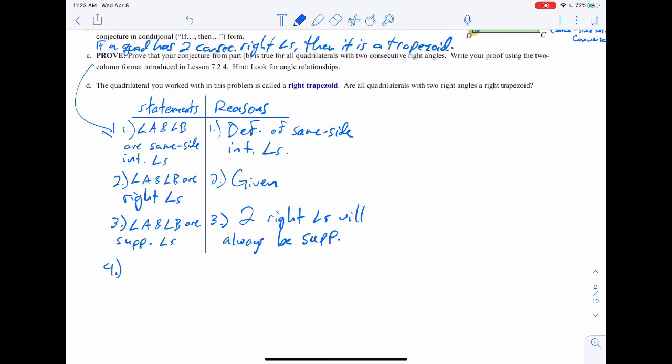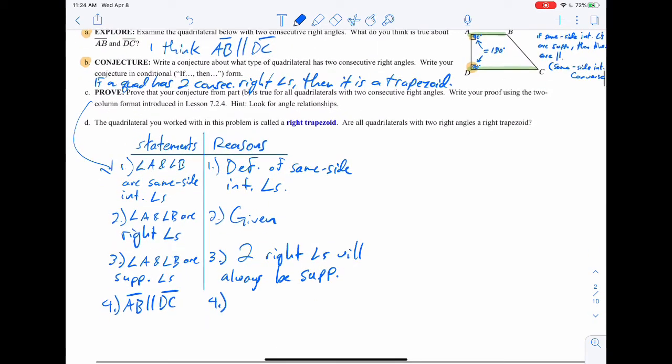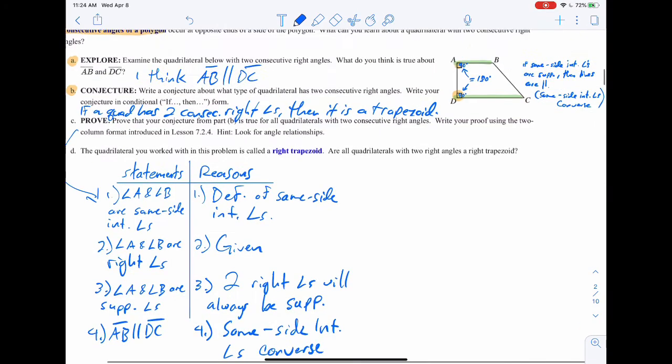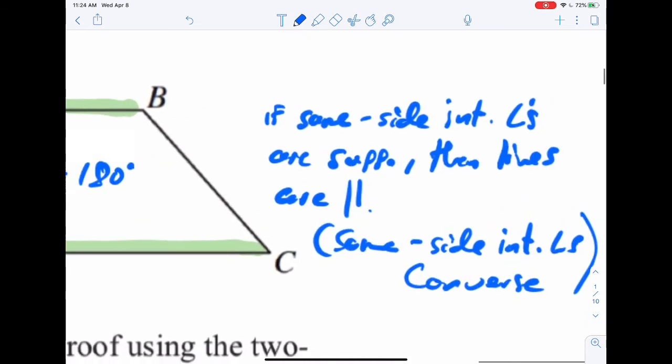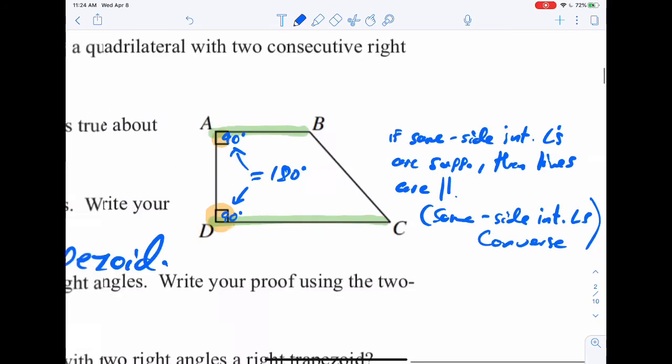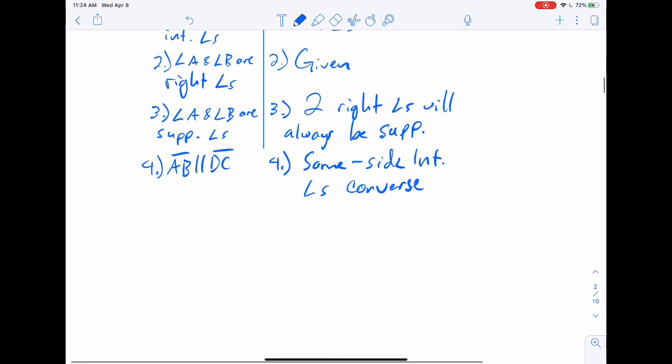And then now we can conclude that side AB is parallel to side DC because the same side interior angles converse, which we wrote right here. If same side interior angles are supplementary, then lines are parallel. That's the same side interior angles converse. And so instead of writing out that whole statement, we just write same side interior angles converse.